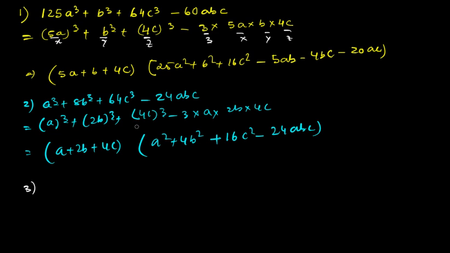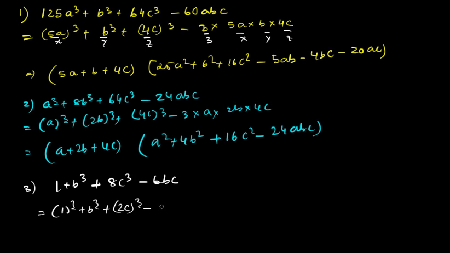Question number 3, 1 plus b cube plus 8c cube minus 6bc. We can write it as 1 cube, b cube, 2c whole cube, minus 3 into 1 into b into 2c. So it's (1 plus b plus 2c) times (1 plus b square plus 4c square minus ab minus bc minus ca).